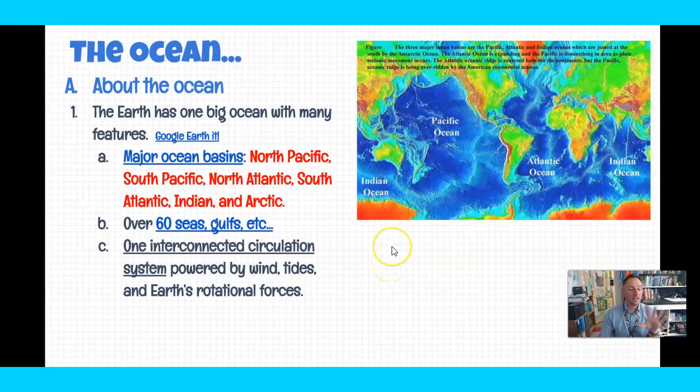What powers that interconnectivity and how the water mixes are winds and tides and the Earth's rotational forces itself. These are very distinct because what's driven by winds is really temperature differences across the planet, so that would be the sun. The tides aren't driven by the winds. The tides are driven by the gravitational forces between the sun and the moon and the Earth itself. And then the rotational forces is the Earth spinning.